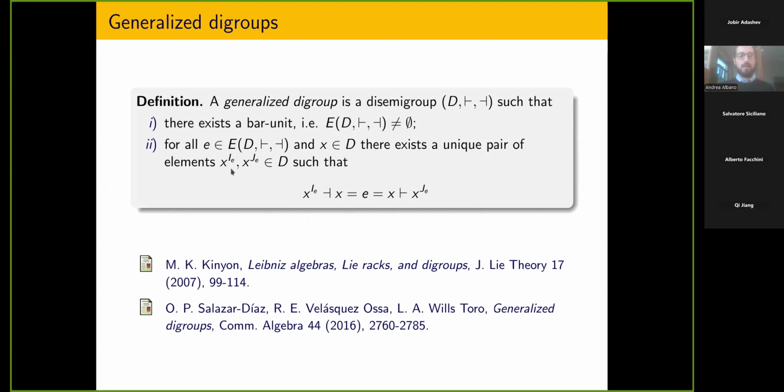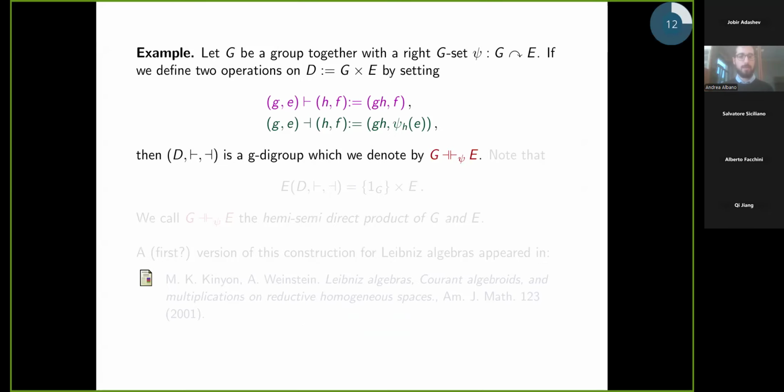Now, as you can well guess, the unilateral inverses for each element do not necessarily have to coincide, of course. An example: take a group G, your favorite group G, and consider a right action of G on a set E. Of course, the set must not be empty.